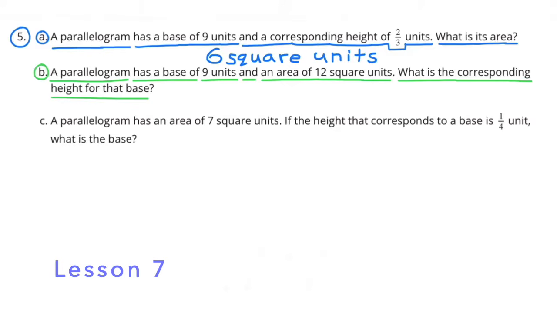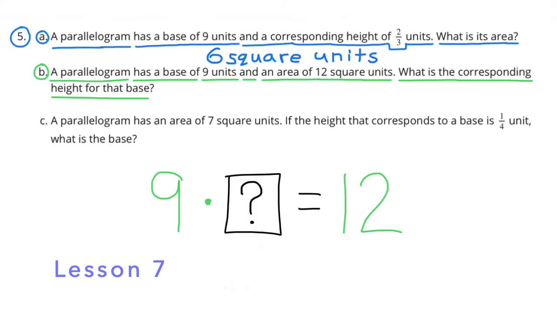What is the corresponding height for that base? We know that base times height equals area, but they haven't given us the height. So we have base times unknown equals the area, or 9 times the unknown number equals 12.